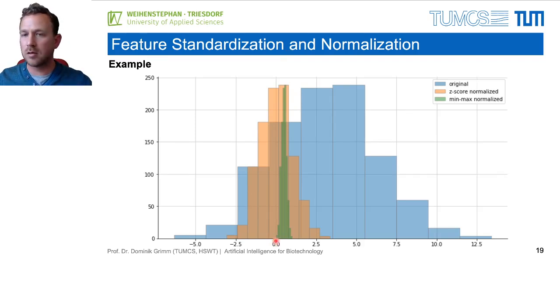So the mean of this data is 0, and the standard deviation is 1. So this is normalized. And min-max normalization then always shrinks the data into the range between 0 and 1. And you can see that in general the distribution looks the same, but it is either between 0 and 1 or centered around 0 and has a standard deviation of 1.